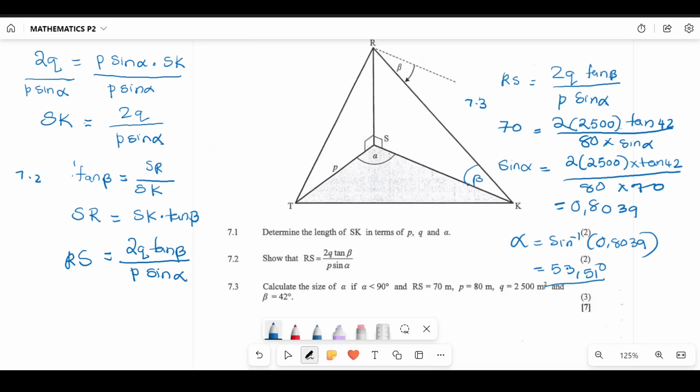So you were asked to find it. That is question number 7. Let's go to question number 8, Euclidean geometry.